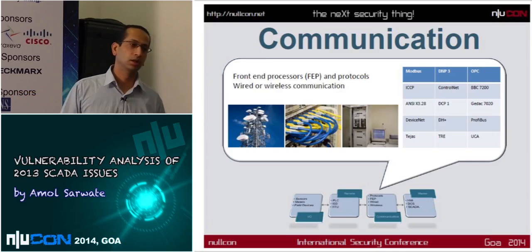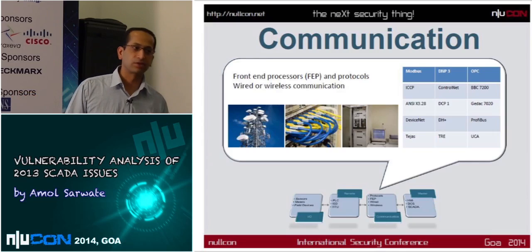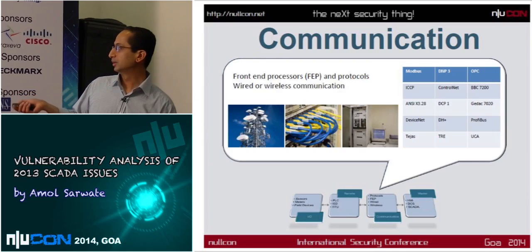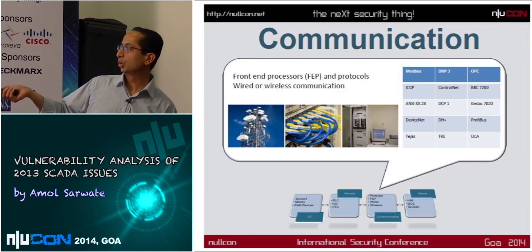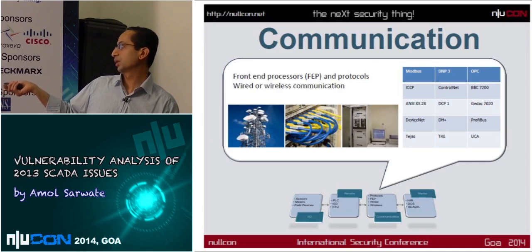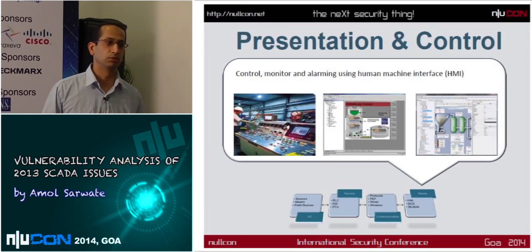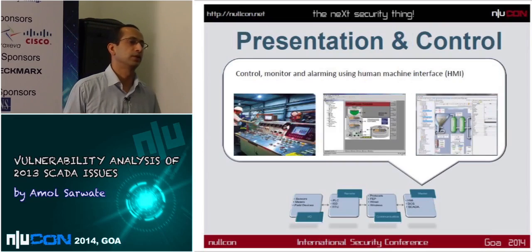They are your normal Solaris, Windows type of machines, and they have replaced these old proprietary terminals. This is how it looks today. It's like a regular PC by which you can control the application. It could be a traffic signal, a dam, a power plant, a factory floor, whatever it may be.